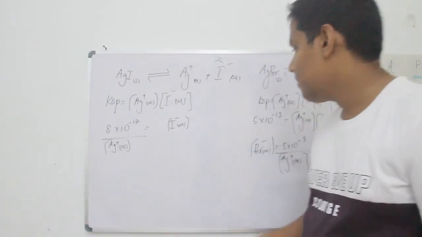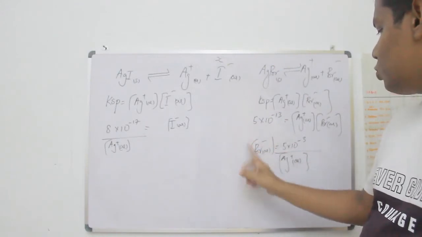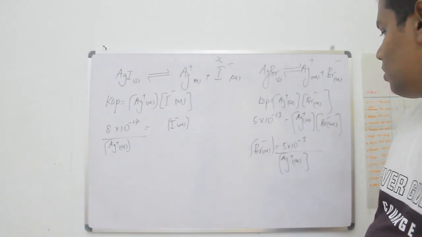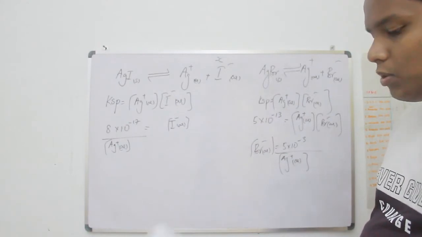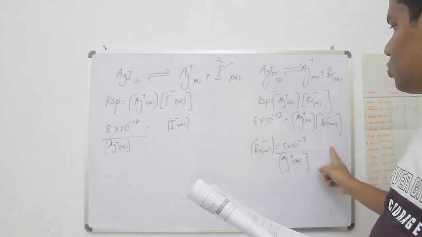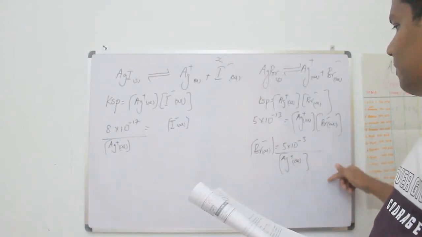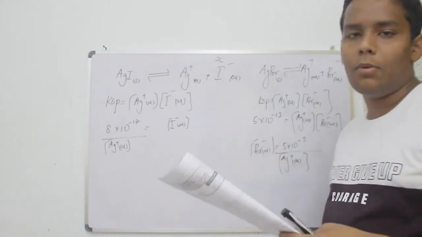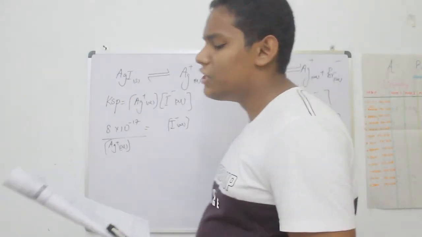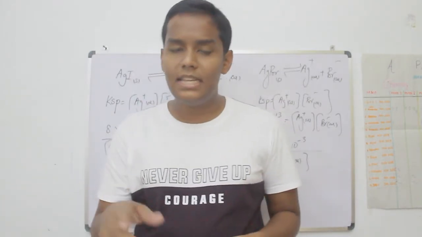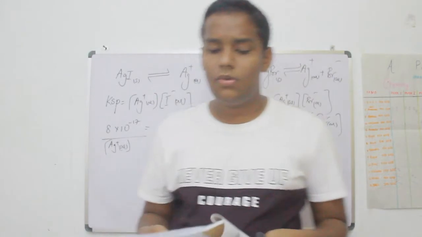If you multiply these two, you should get 5 into 10 to the power minus 3 into 8 into 10 to the power minus 17 divided by Ag plus square. So even if you multiply, Ag plus should come onto the denominator. Whenever we do equilibrium, we don't consider the plus, so therefore it should be omitted.